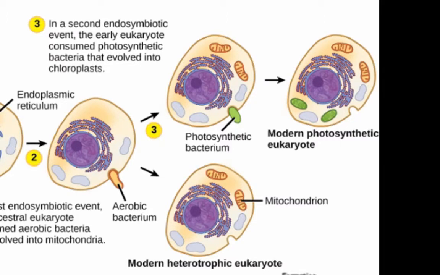Those become our chloroplasts. So when discussing the order of events, we know that the mitochondria had to be brought in first because plants have mitochondria and chloroplasts.